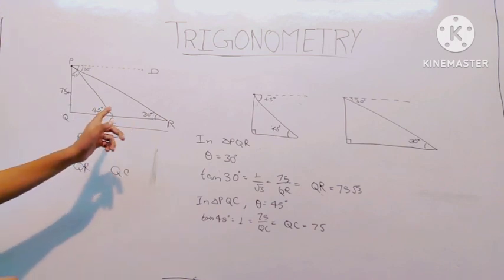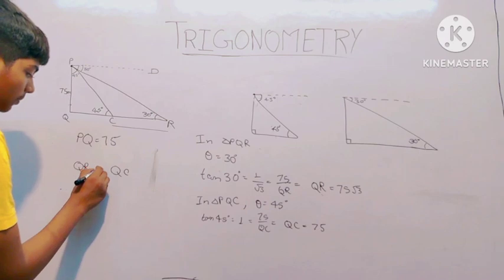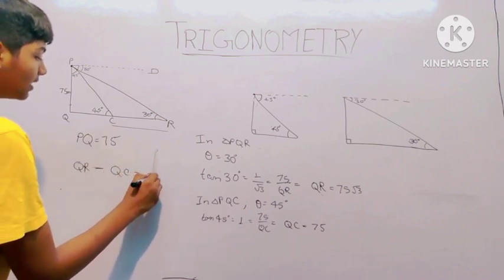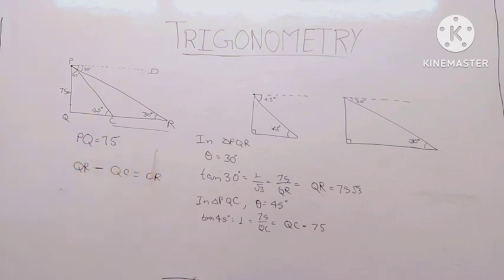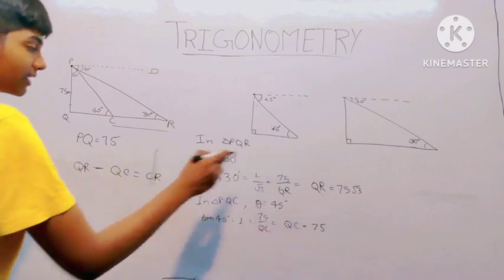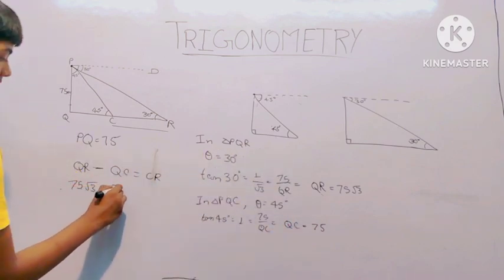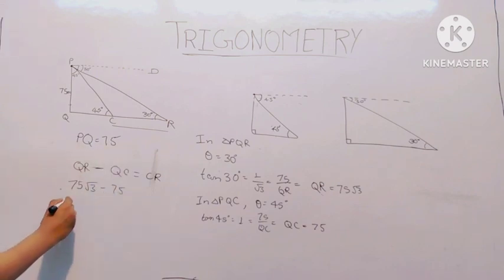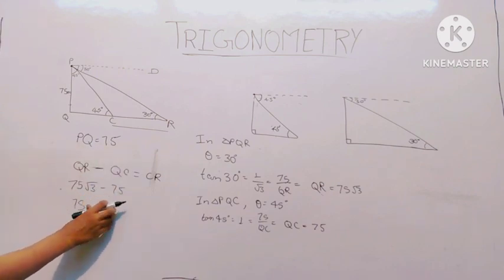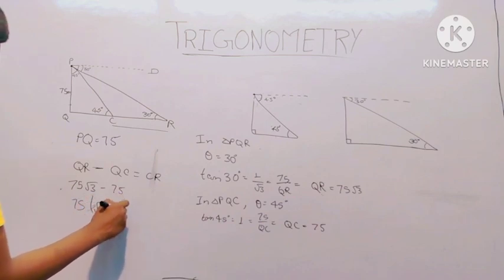What if we subtract QC from QR? You would get CR, which is our required distance. QR is 75 root 3 and QC is 75. Can we take 75 common? Yes, so we have 75 times the bracket root 3 minus 1.